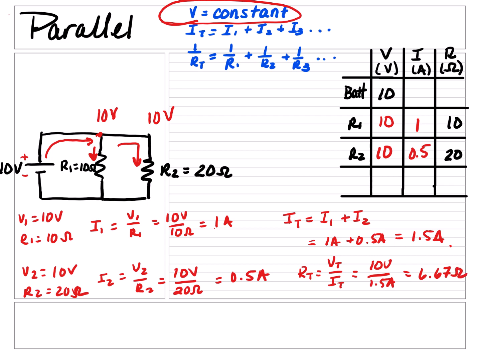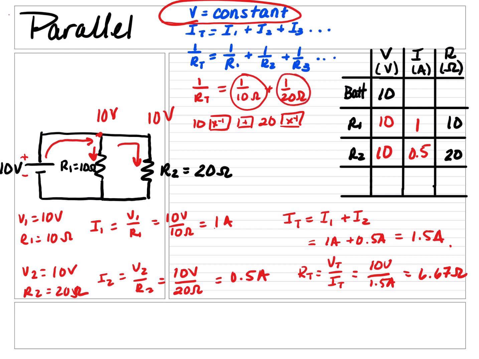You can also solve for the total resistance. 1 over RT is equal to 1 over 10 ohms plus 1 over 20 ohms. Using the calculator, we're going to punch 10, use the reciprocal button, plus 20, reciprocal button. If I do that, I get the fraction 1 over 10 plus 1 over 20 equals 0.15.